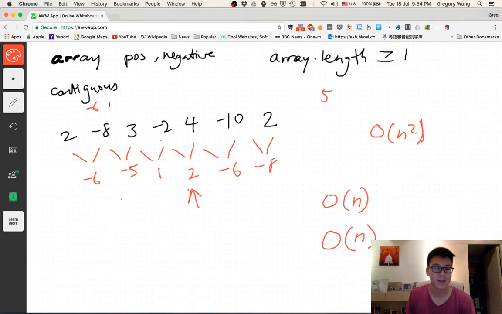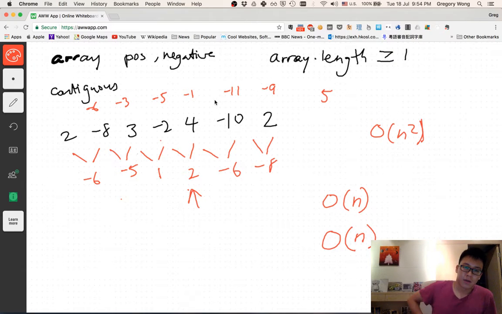So -6 plus 3 is -3, plus -2 is -5, plus 4 is -1, -11, -9. So what's the biggest sum here? The least negative, I'm assuming you're asking. So the least negative number is -1.